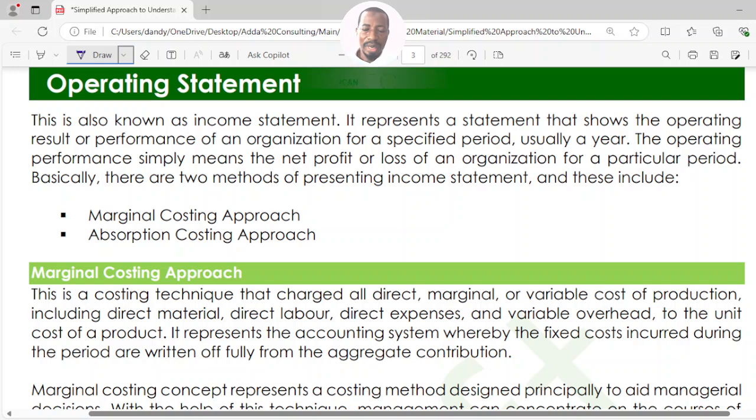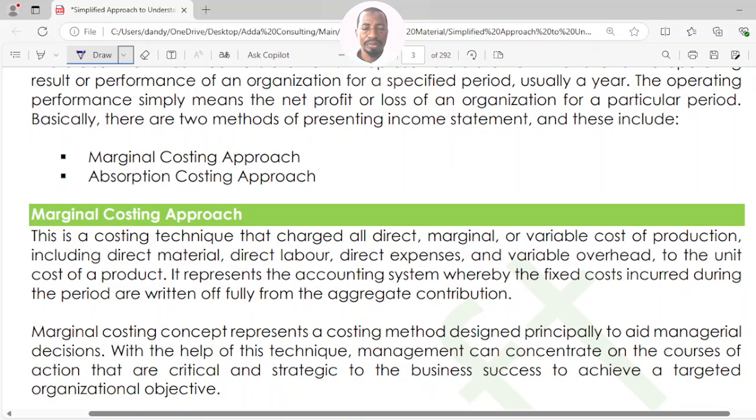What do you understand by marginal costing approach? The marginal costing approach is a concept that charges all the direct cost of production, including direct material, direct labor, direct expenses, and variable parts of production to the unit cost of a product.